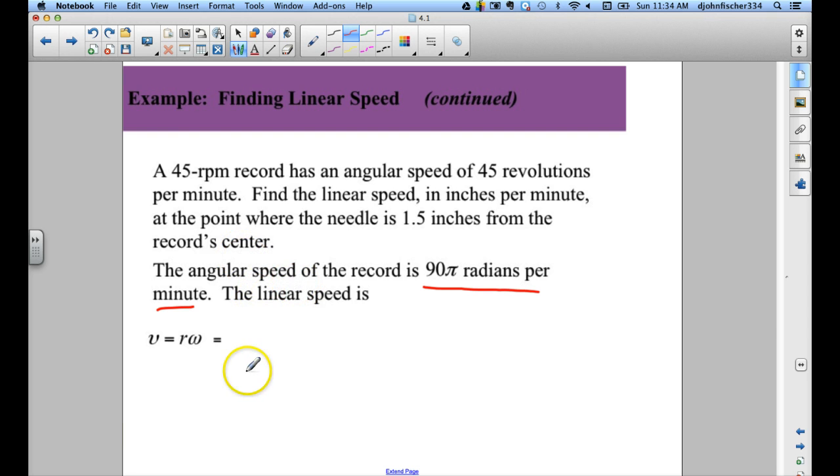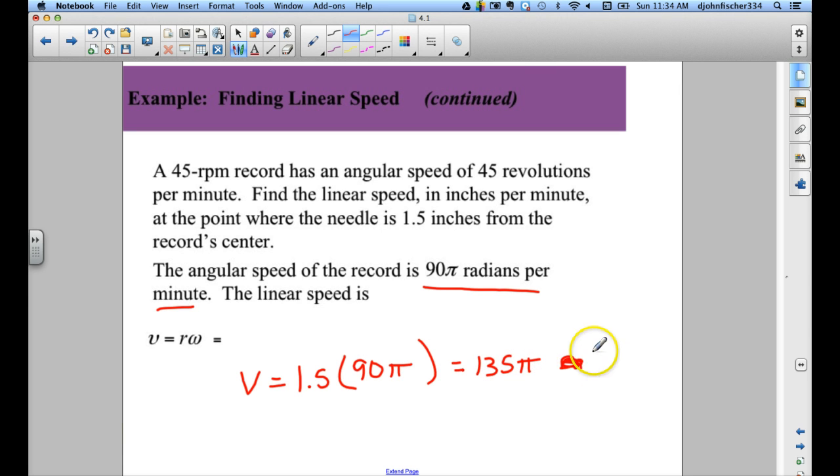The linear speed now is going to be your radius, which is 1.5, times my angular speed, which is 90 pi. So if I do that, it's 135 pi, not radians, now it's inches per minute. They didn't ask us to do it in seconds, so inches per minute. I could multiply it out if I want to, but that'd be a pretty good answer right now.